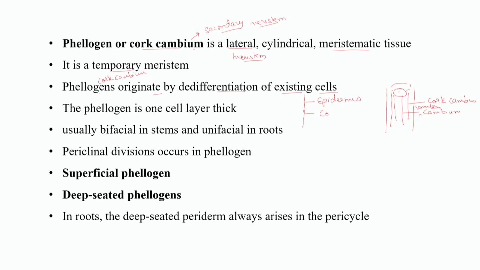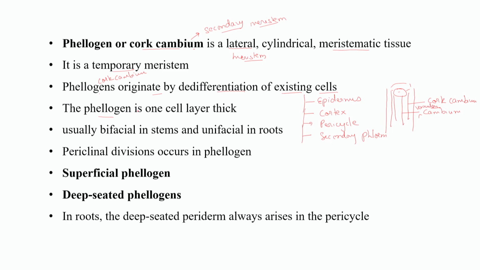Then you have cortex, it could also originate from cortex. It could also originate from pericycle, even endodermis also. Then it can originate from secondary phloem. See, all those tissues contain parenchymatous cell types. Many of the cell types present in these layers are parenchyma. So they can perform meristematic activity.